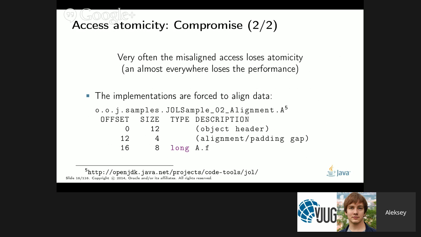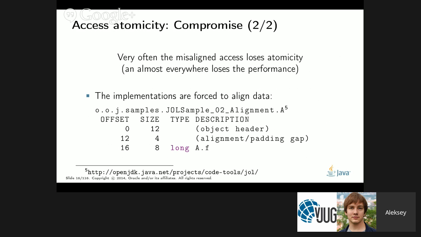So if you look at the layout for this object, which you can conveniently get with the OpenJDK JOL tool, you will see that the field F actually lies at the offset 16. The objects themselves, in HotSpot at least, are aligned by 8. So that means any access to F would be aligned by 8 as well.